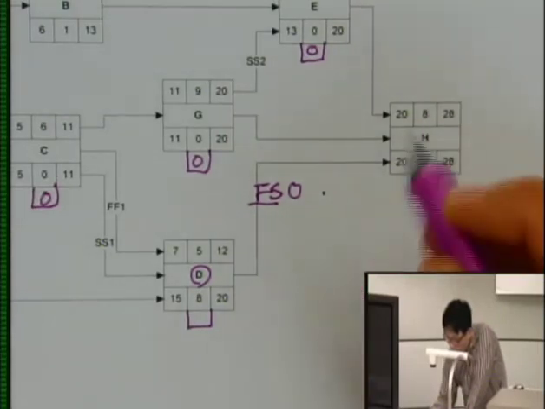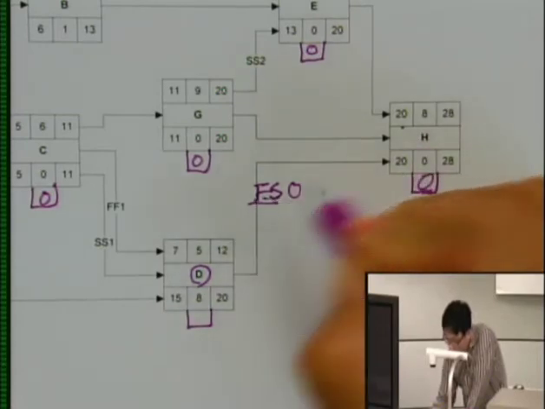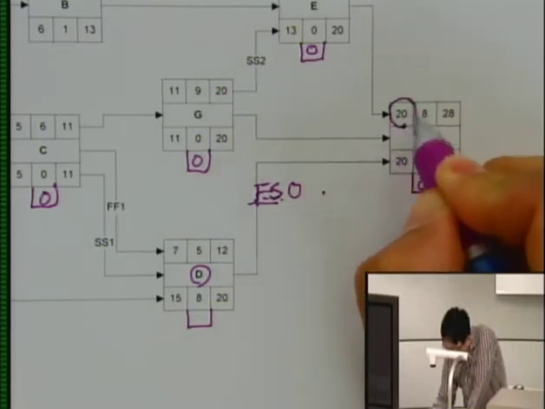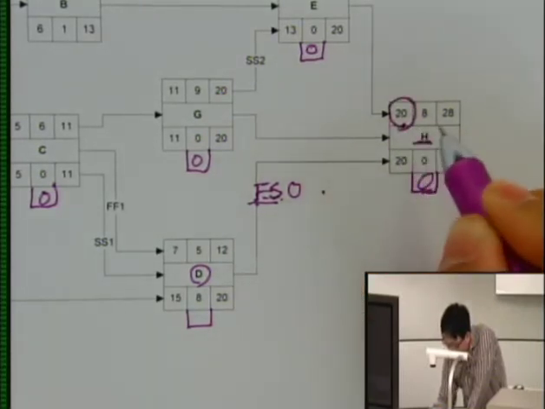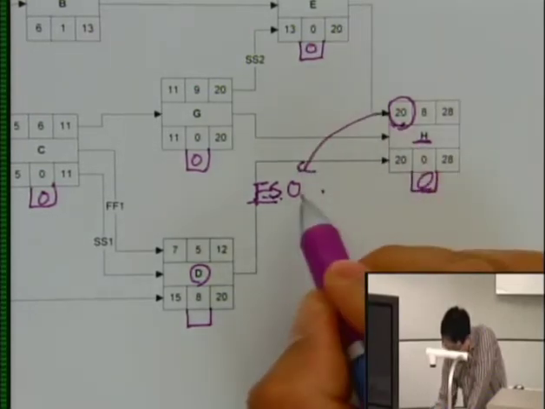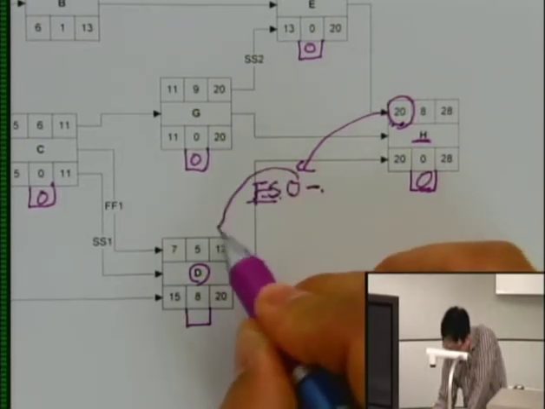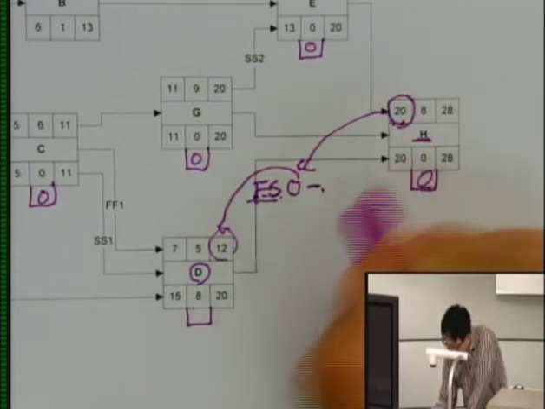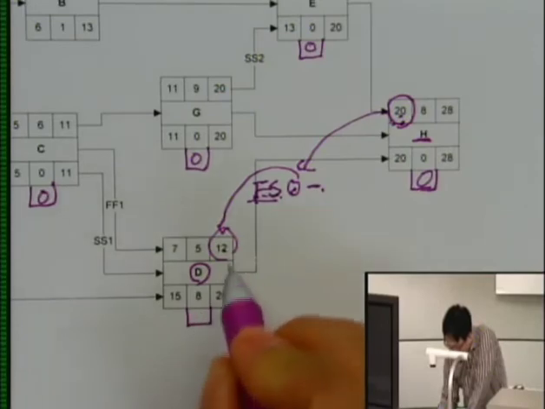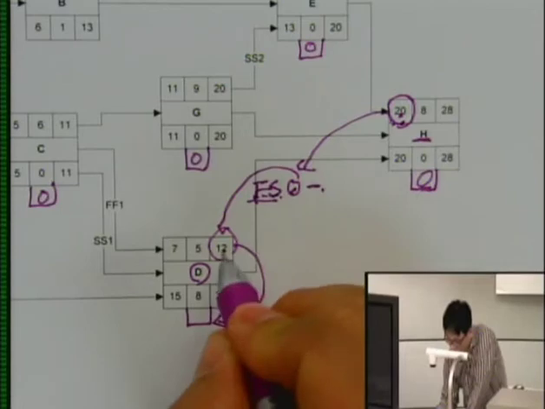The early start date of activity H is 20, minus the lag of 0, and minus the early finish of D, 12. So 20 minus 0 is 20, minus 12 will be 8. That becomes your free float.